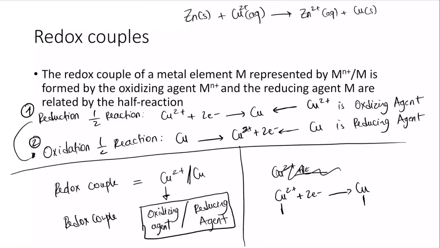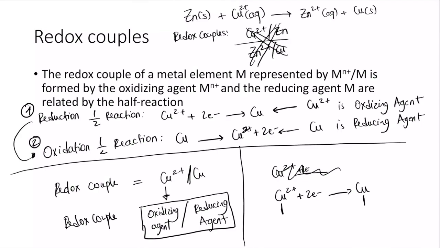There is a misconception where students tend to make a mistake. If I just tell you, write the redox couples of this reaction, some would write Cu2+/Zn, or some would write Zn2+/Cu. Well, actually, this is wrong.